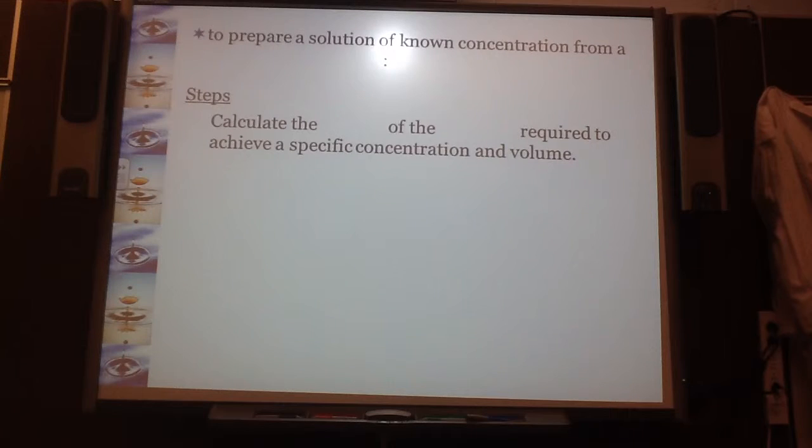So to prepare a solution of a known concentration from solid solute, there's a couple steps. The first one is calculate the mass of the solute required to achieve the specific concentration and volume.